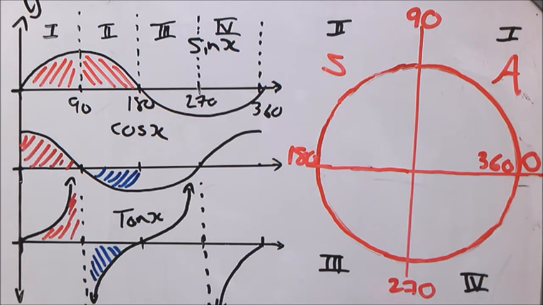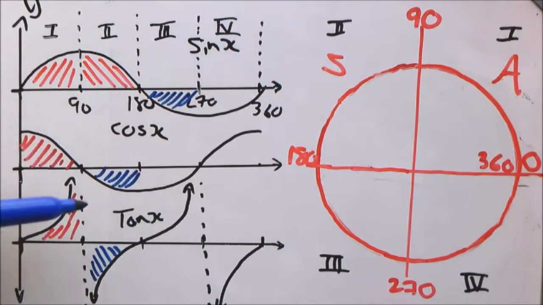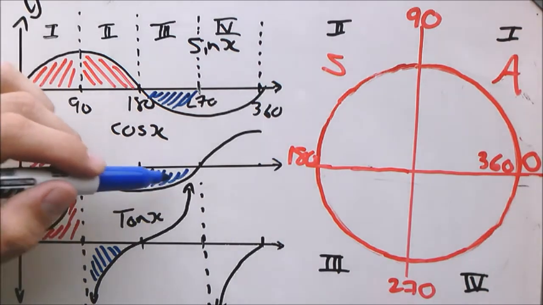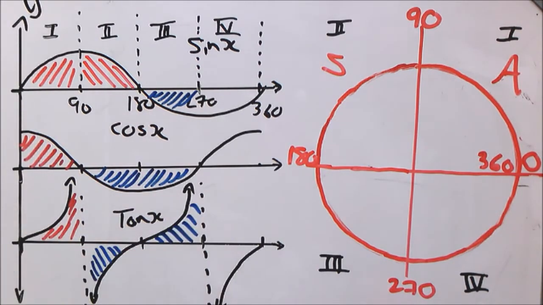So the only one that's positive in the second quadrant is the sine graph. The third quadrant, you'll see the sine graph is negative. The cos graph is negative, but the tan graph is positive. Therefore, we put a symbol T.